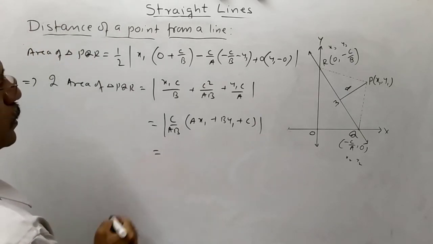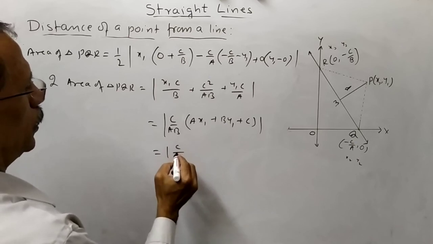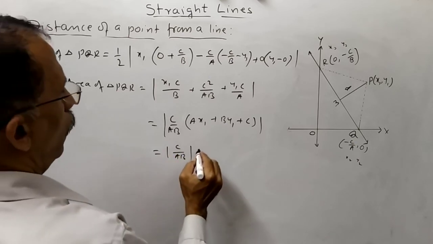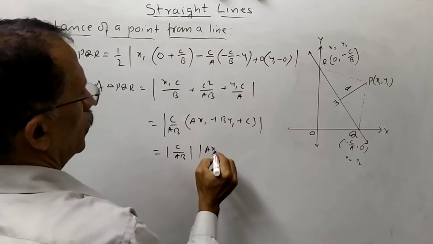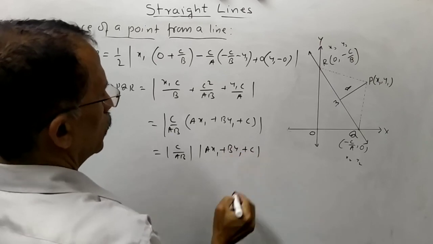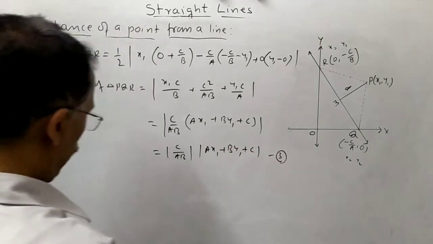This can be written as modulus of c divided by ab into modulus of ax1 plus by1 plus c. Say number 3.